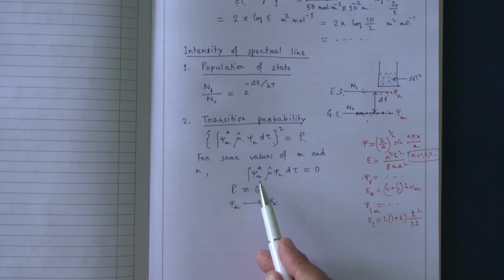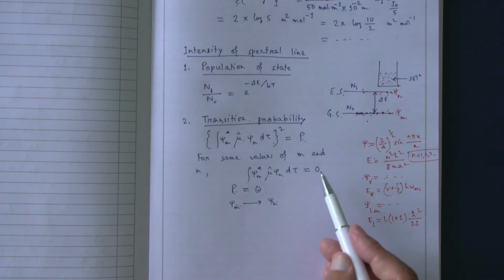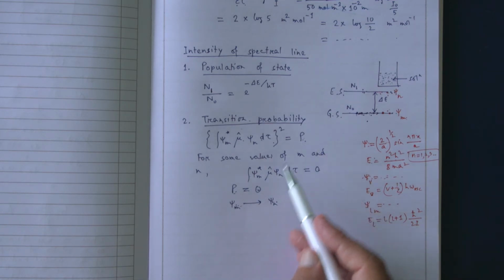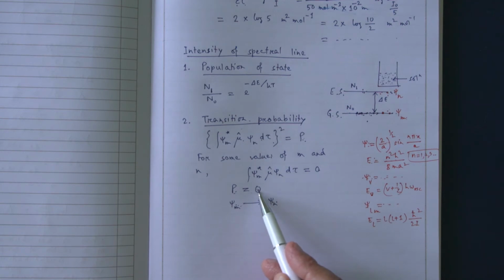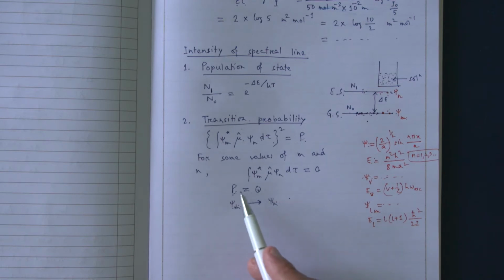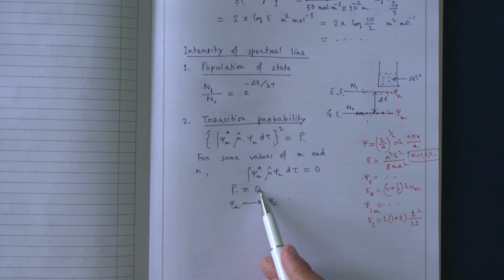I repeat, when this integral becomes equal to zero, that means probability of transition becomes zero. It means that the probability of this transition from psi m to psi n is very small. Probability of transition is zero, that does not mean that this transition will not take place at all.